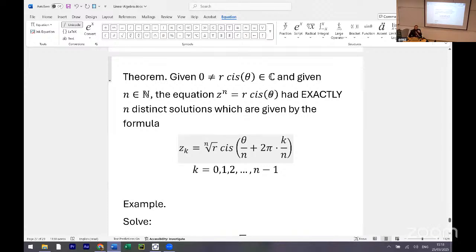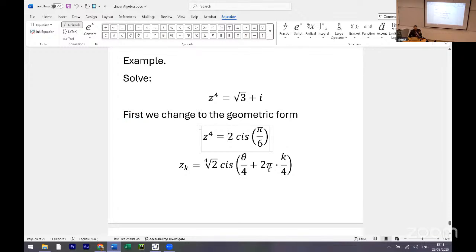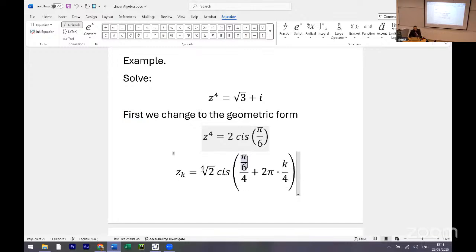And the theta is its angle. So the n is 4, the r is 2, and what is the theta here? The same, right? Pi over 6.